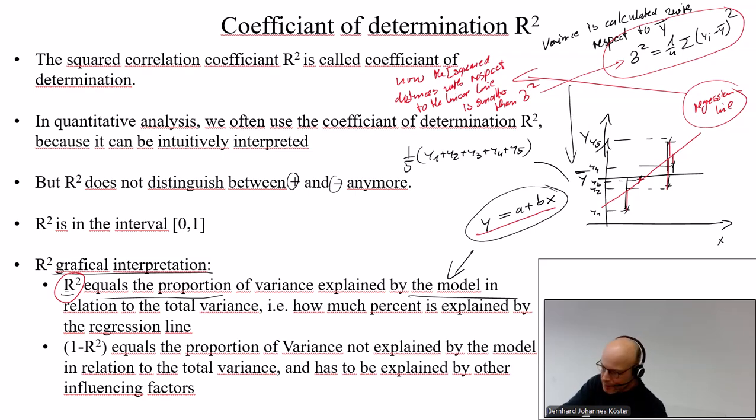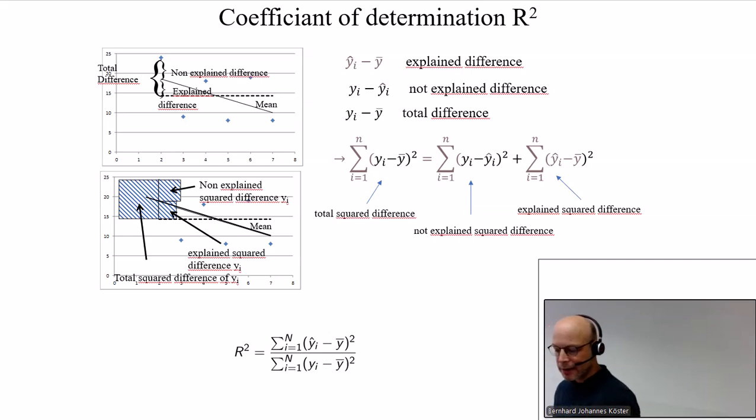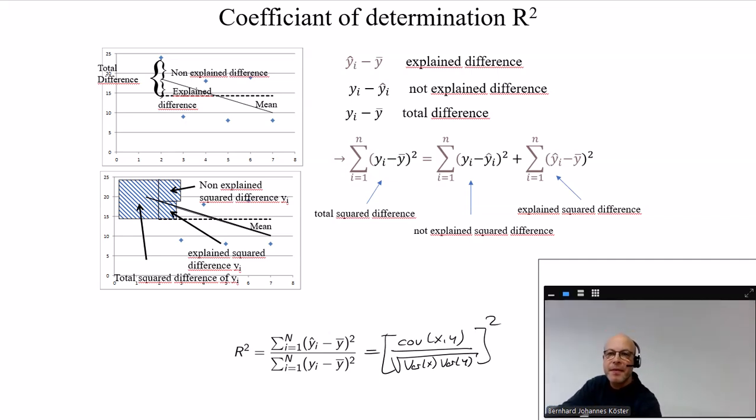So, and this is then the next last slide, because, before we start then to calculate the correlation coefficient and coefficient of determination, we can show that this r squared was covariance of x, y divided by variance of x, variance of y, and this we have then also to square.